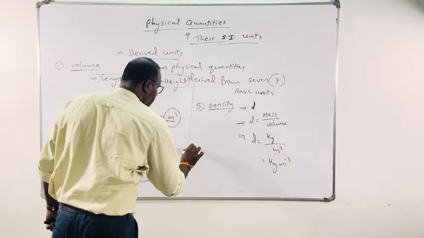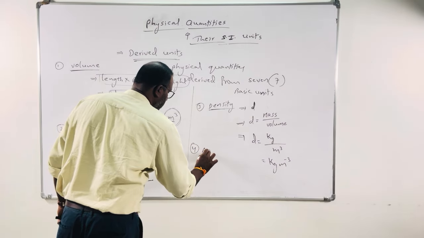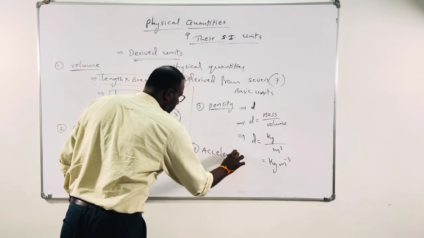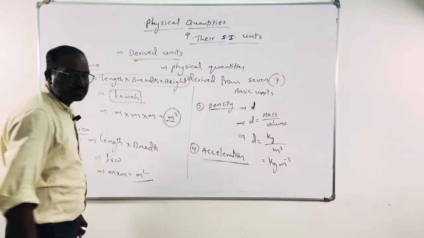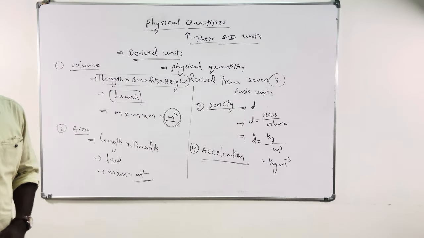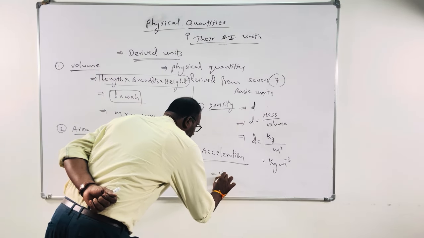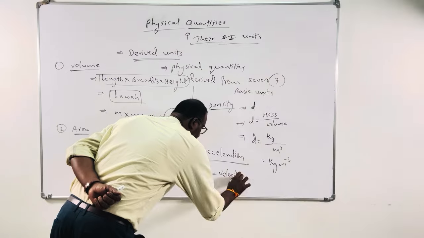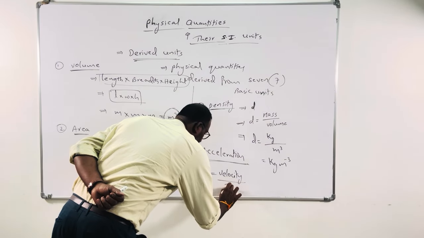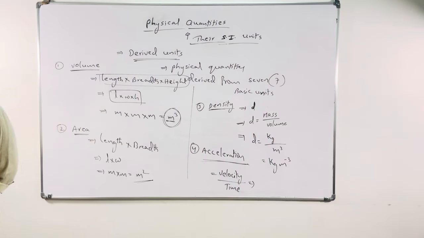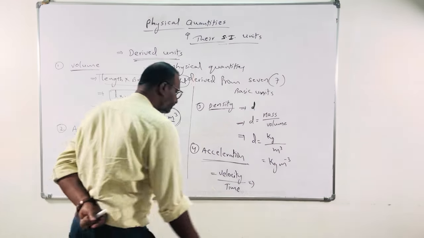Next, the fourth one is acceleration. It is a derived unit. It will be calculated by the formula velocity by time. For velocity the unit is meters per second, and for time, seconds.